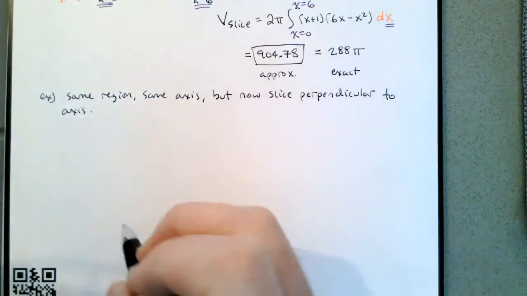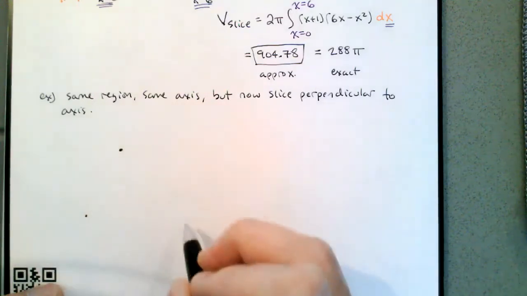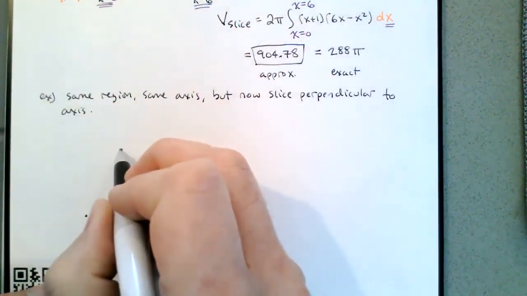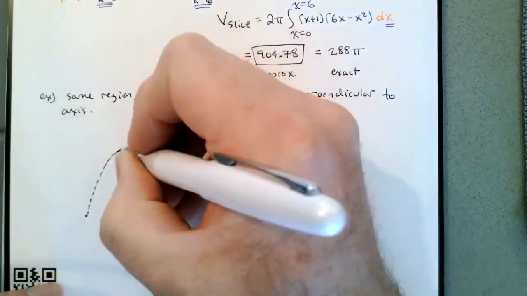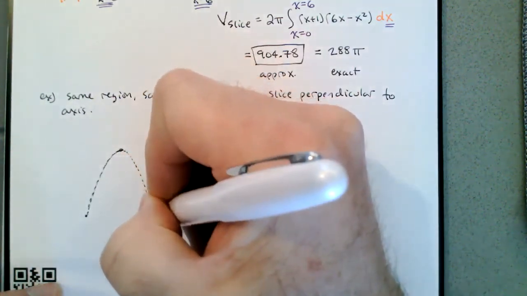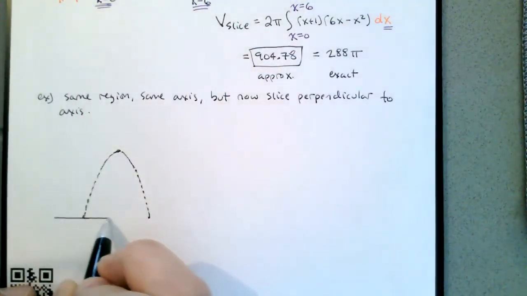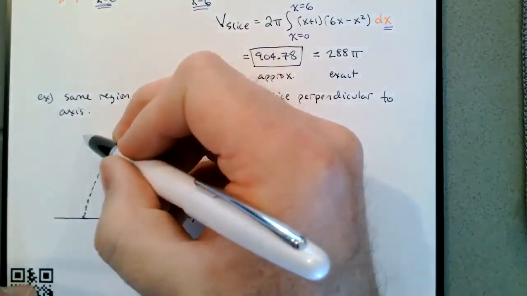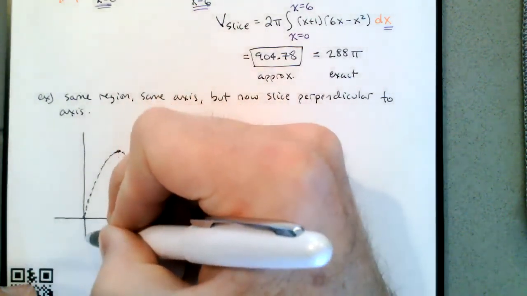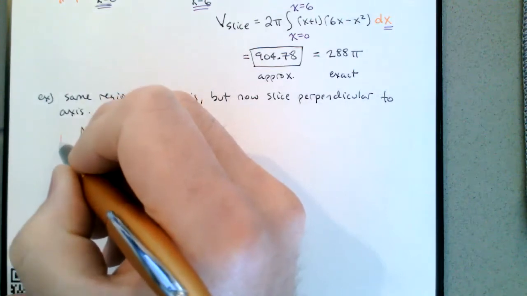All right, so then we have our parabola. Still going to go from 0 to 6. Still going to rotate it around the line x equals -1.